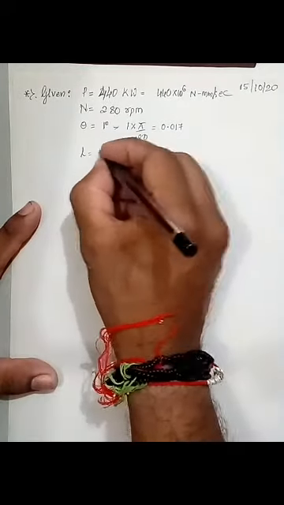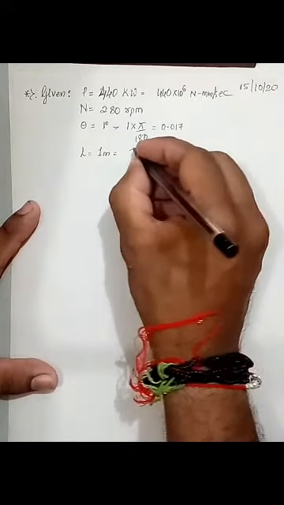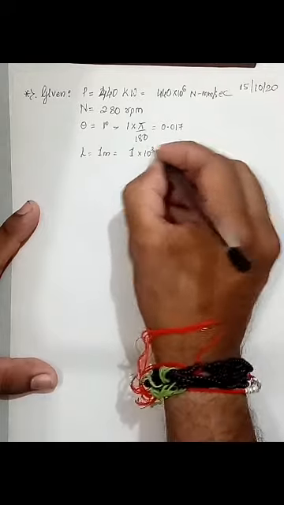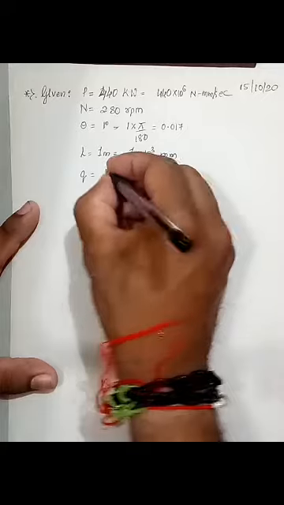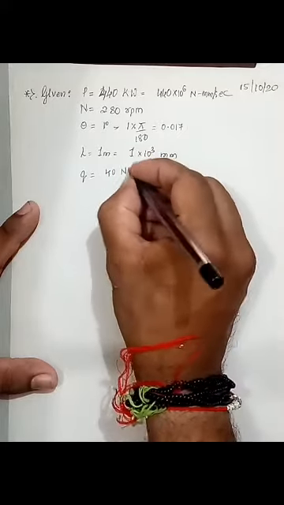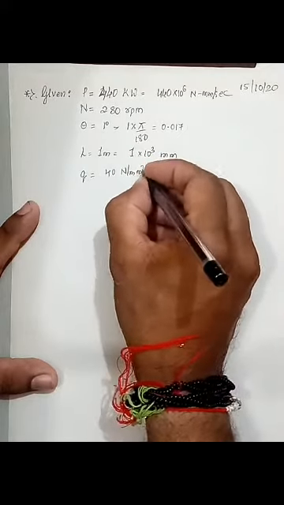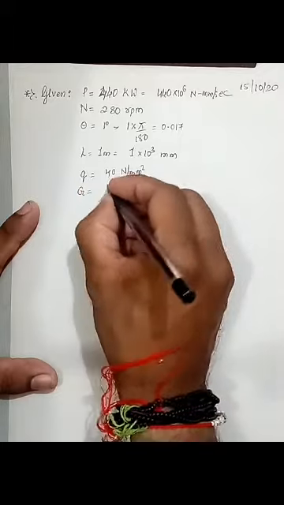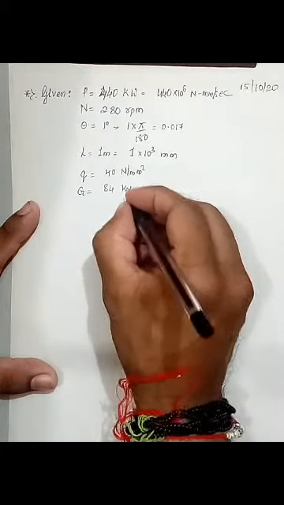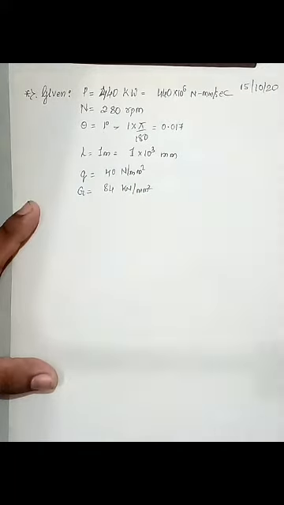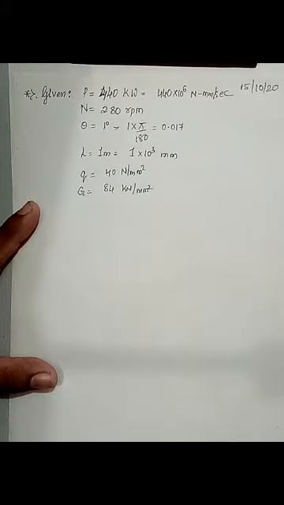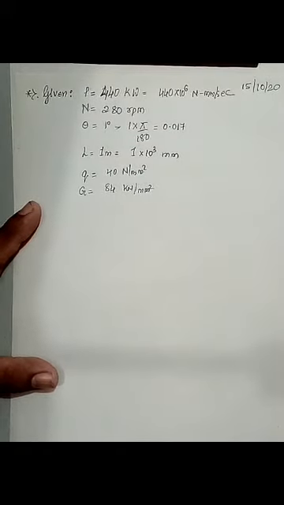Now length is given as 1 meter, that is 1 into 10 to the power of 3 mm. The shear stress q should not exceed 40 Newton per mm square. G is 84 kilonewton per mm square, that is 84 into 10 to the power of 3 Newton per mm square.